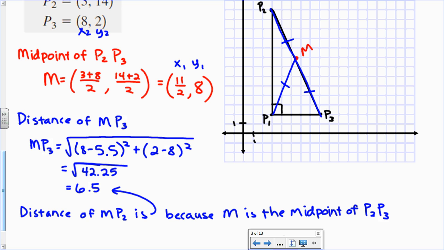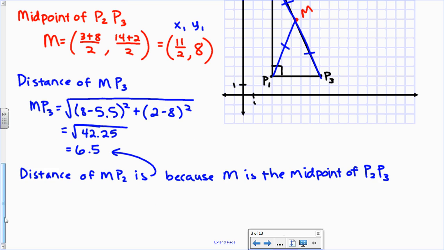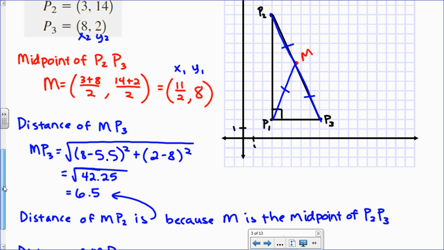Alright, so then the other one I have to check is M to P1. Again, I'll call M my x1, y1.